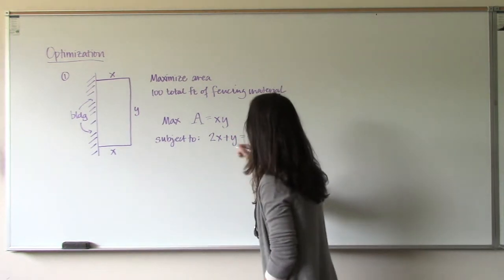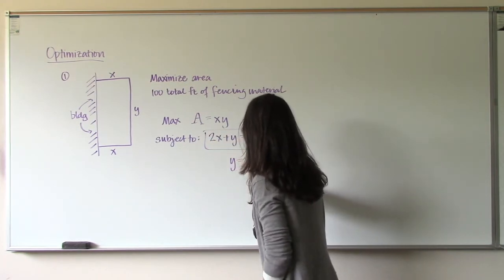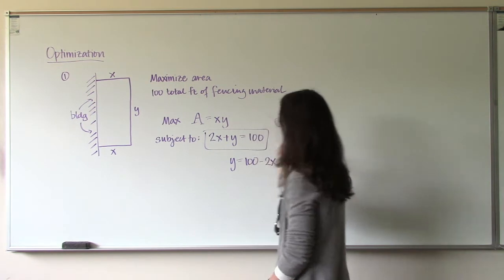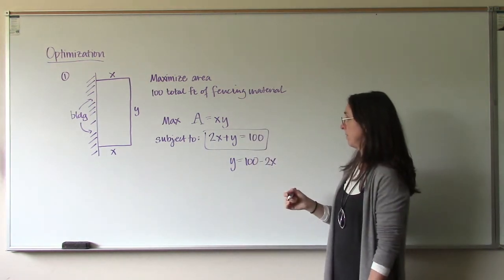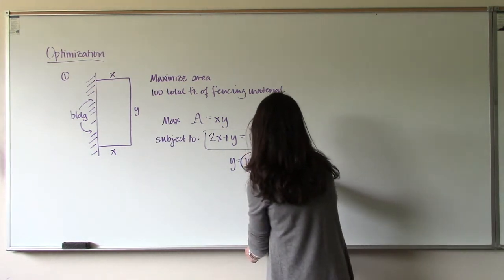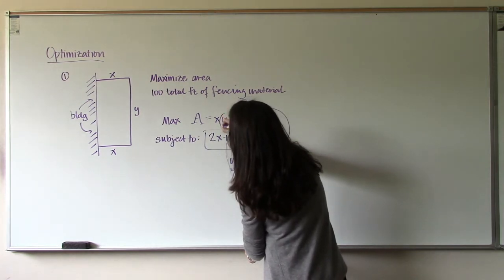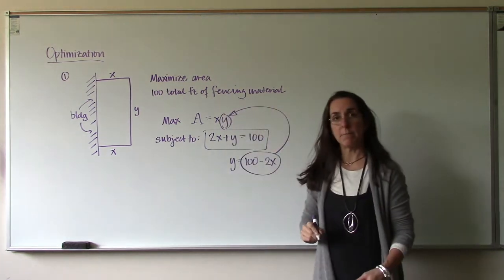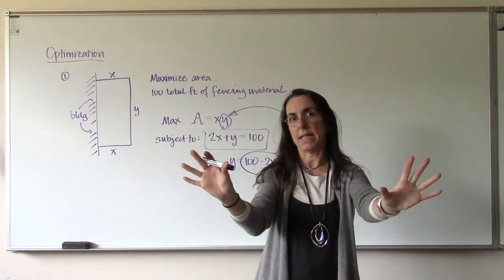We could write this relationship here as y is equal to 100 minus 2x, right? And if y has to be equal to 100 minus 2x, then I can take this and plug it in there, right? And then I can write A all with just x's in it.